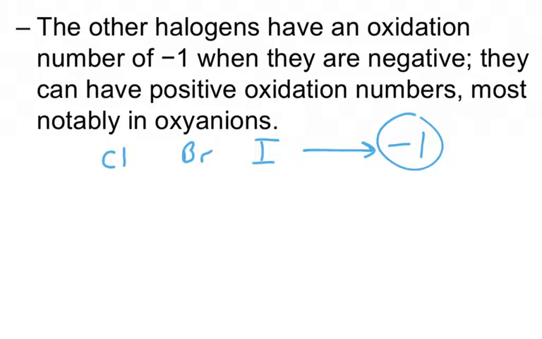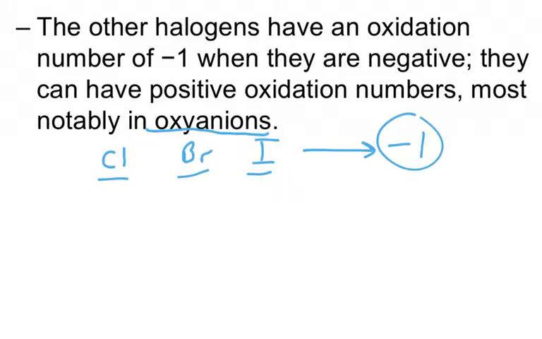However, the only time that they are not -1 is when they are combined with, for instance, oxygen, as in oxyanions, or even fluorine. We're going to focus on oxyanions, which is more common. If you see chlorine, bromine, or iodine with oxygen, you will see that they are actually going to have a positive charge. Now, I will go over these examples in a moment.